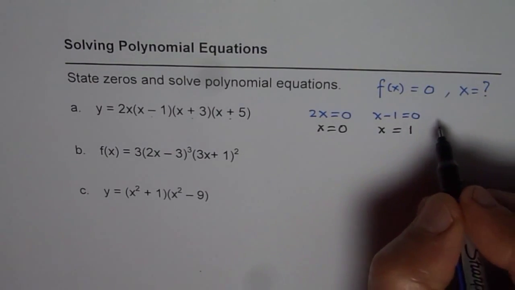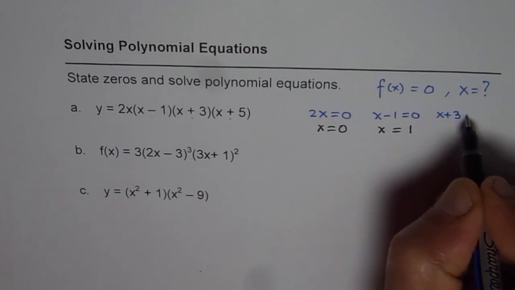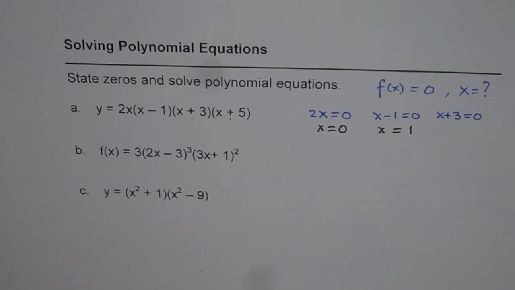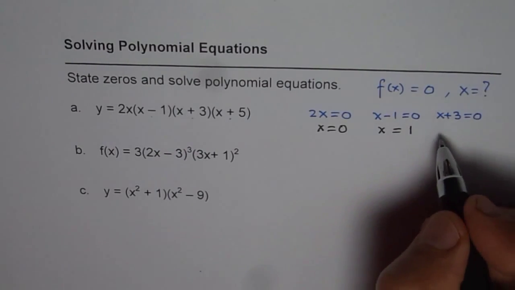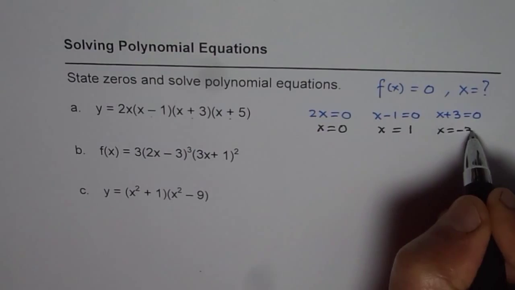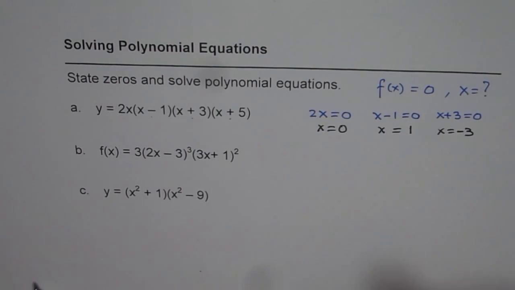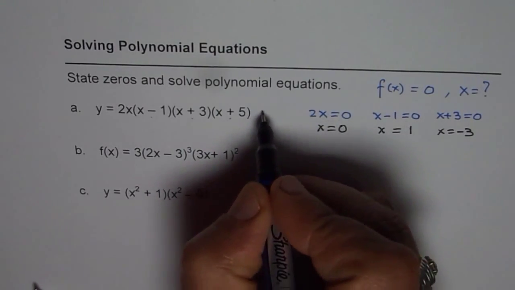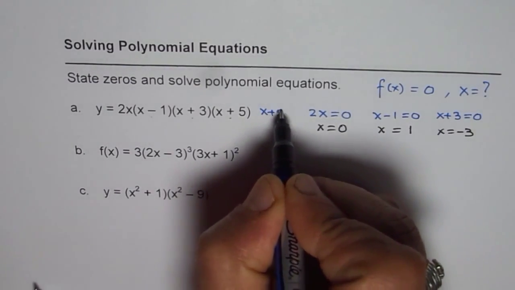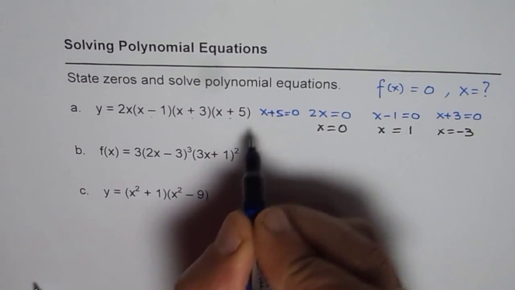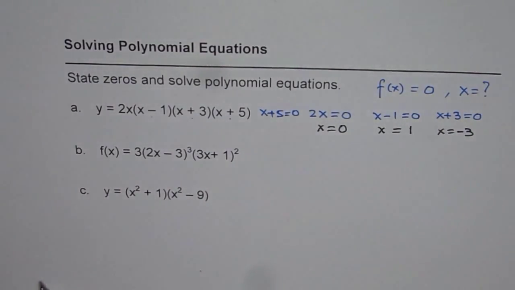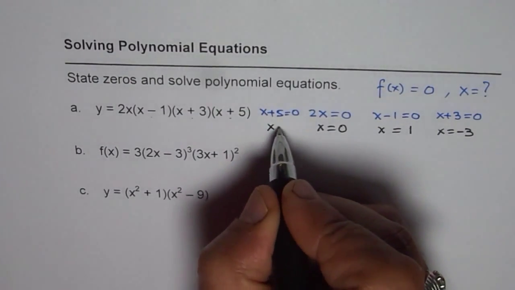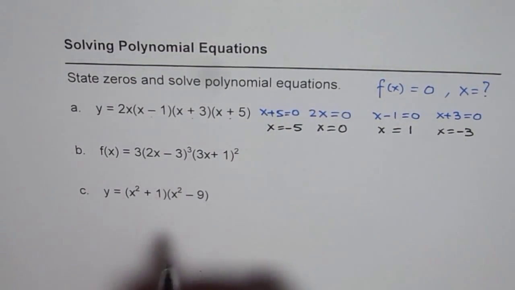Then we have a factor x plus 3. Let's equate that to 0, and then the solution will be x equals minus 3. And the fourth factor for us is x plus 5. Let's equate that to 0, and what do we get as our solution? We get x equals minus 5.